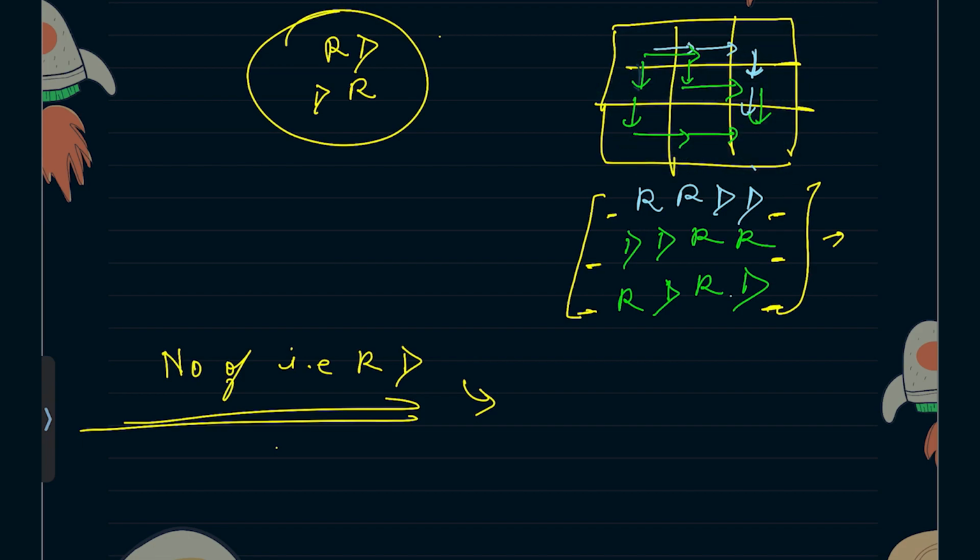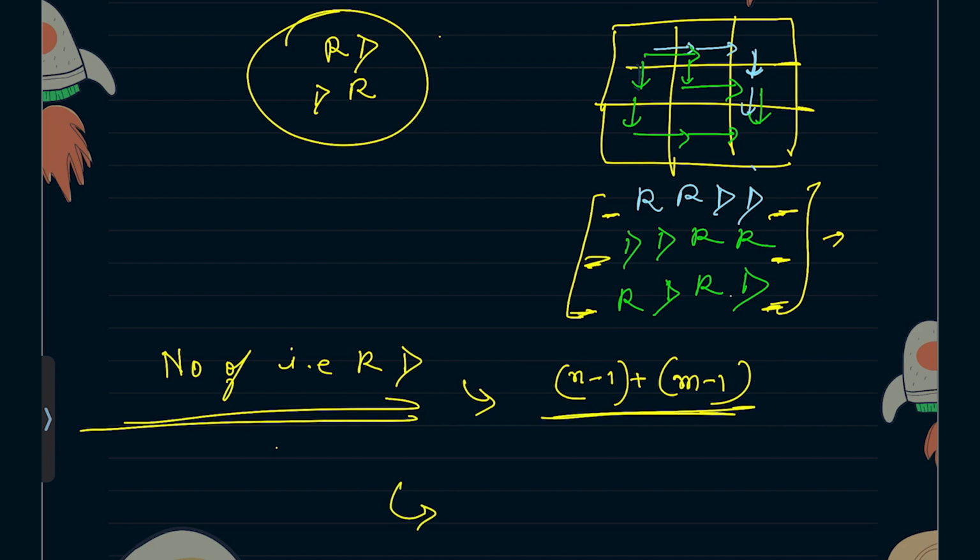So I can select one row less and one column less. The total number of places I have is n minus 1 and m minus 1, because these are blocked. Every time it would be source and destination.